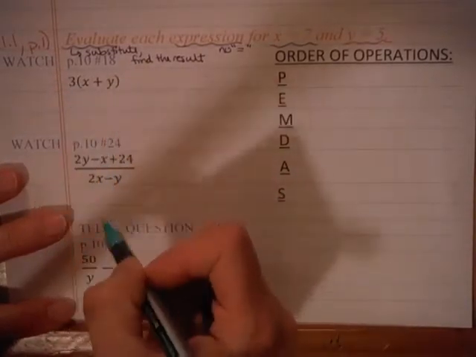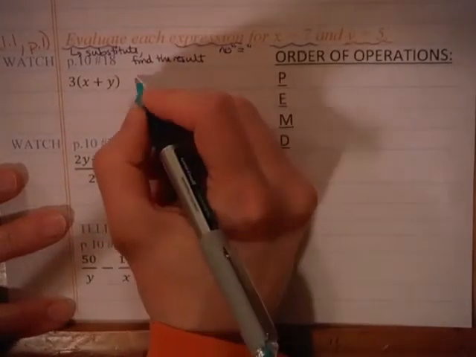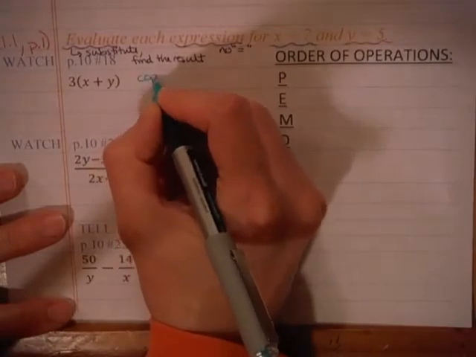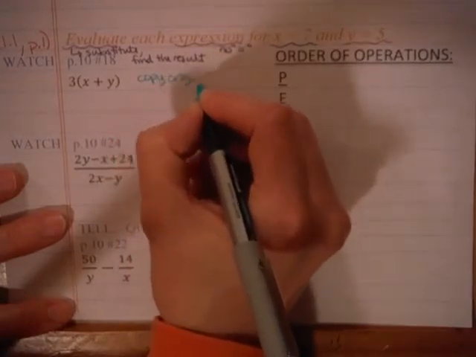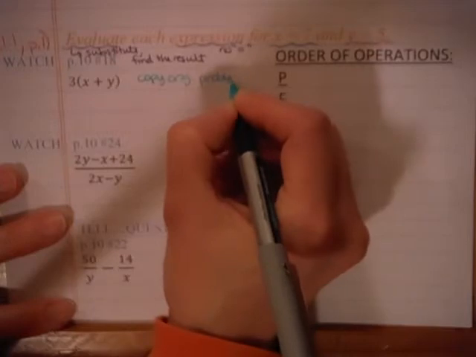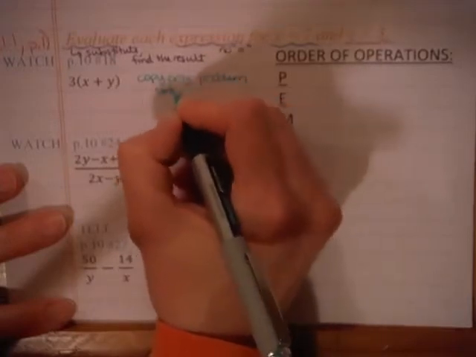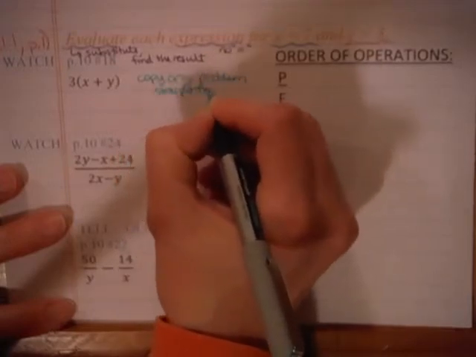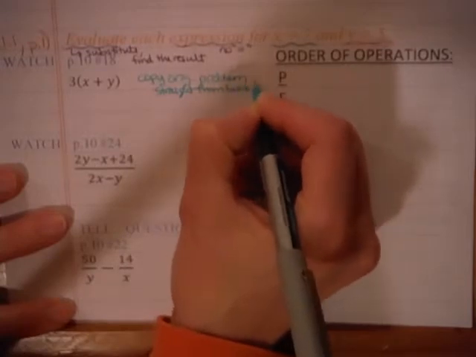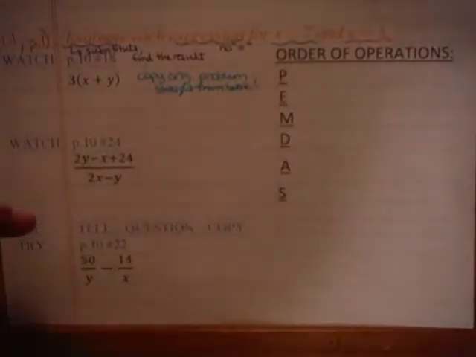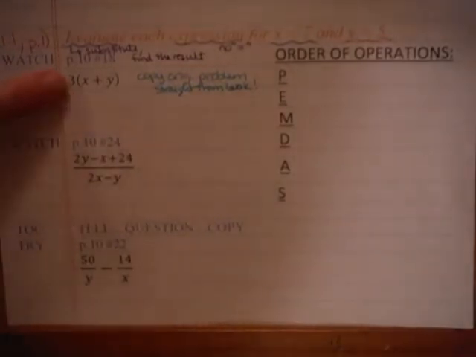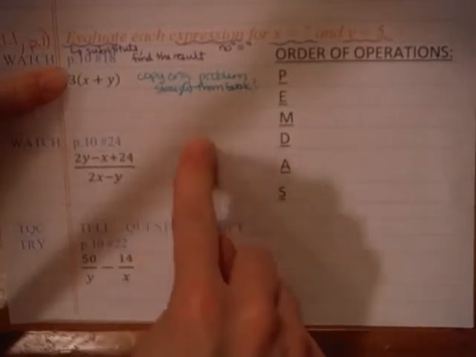So as you start to do problems, one thing I would recommend is that you go ahead and copy the original problem straight from the book onto your paper before you start doing it. A lot of errors happen when you are starting the problem simply because you see the problem in the book, you go to your paper and start doing one of the steps right on your paper.